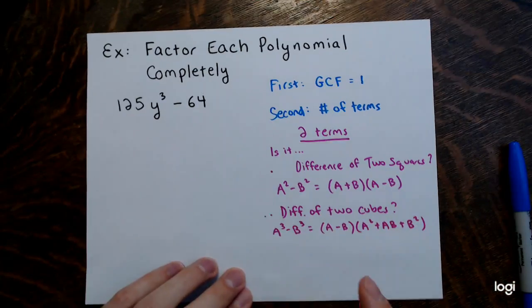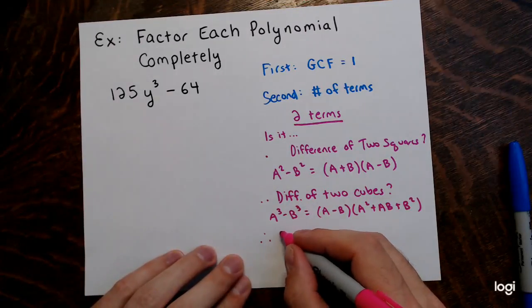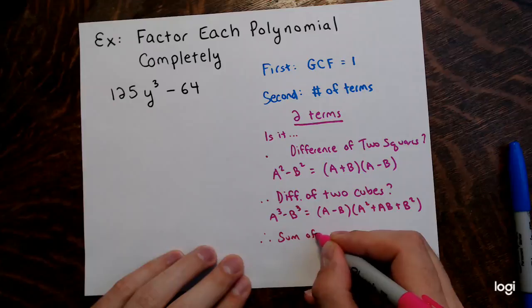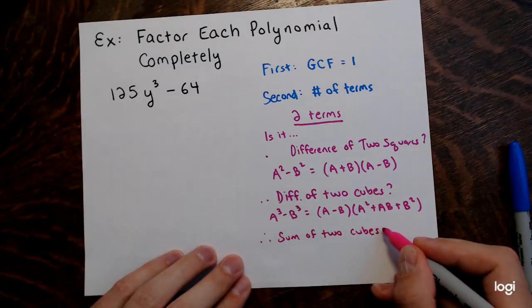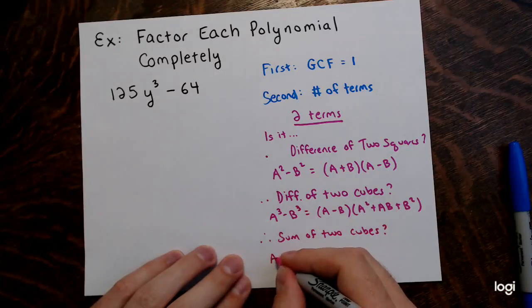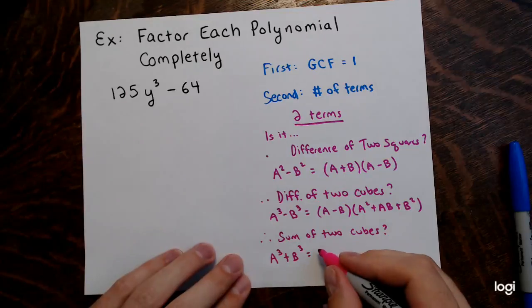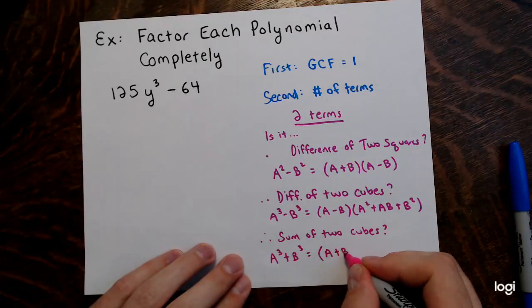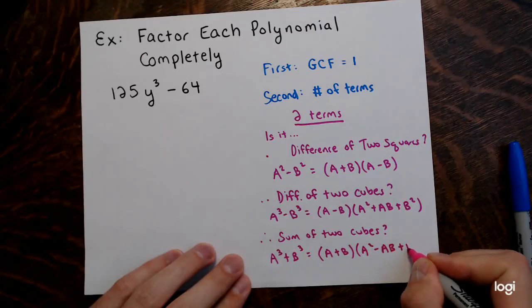And lastly, if it's not one of those forms, is it a sum of two cubes? So the form a cubed plus b cubed. Well, if it is, it can be factored to a plus b times a squared minus ab plus b squared.